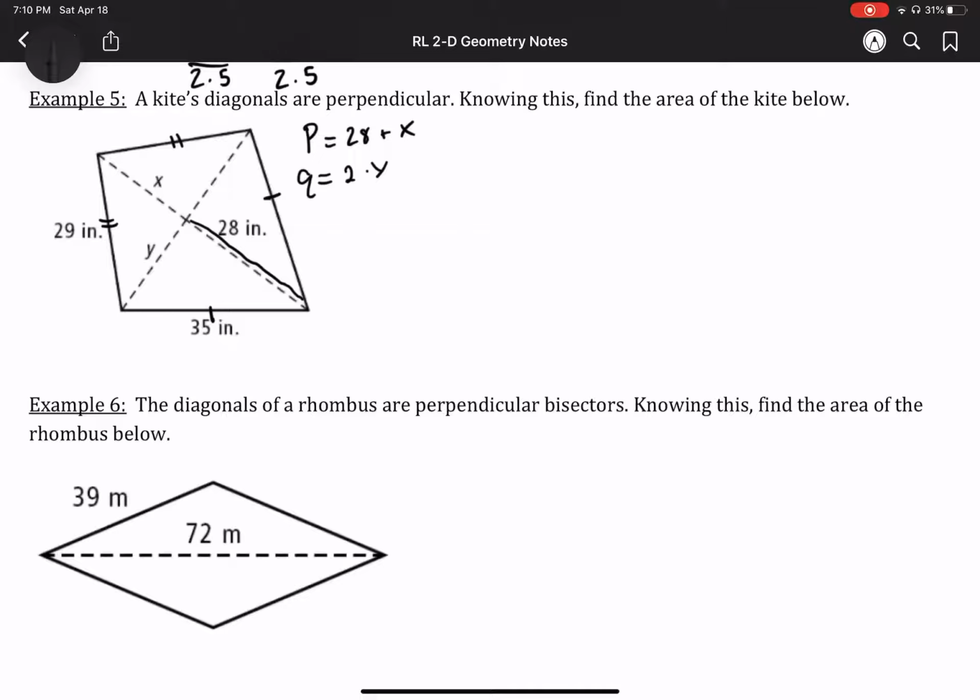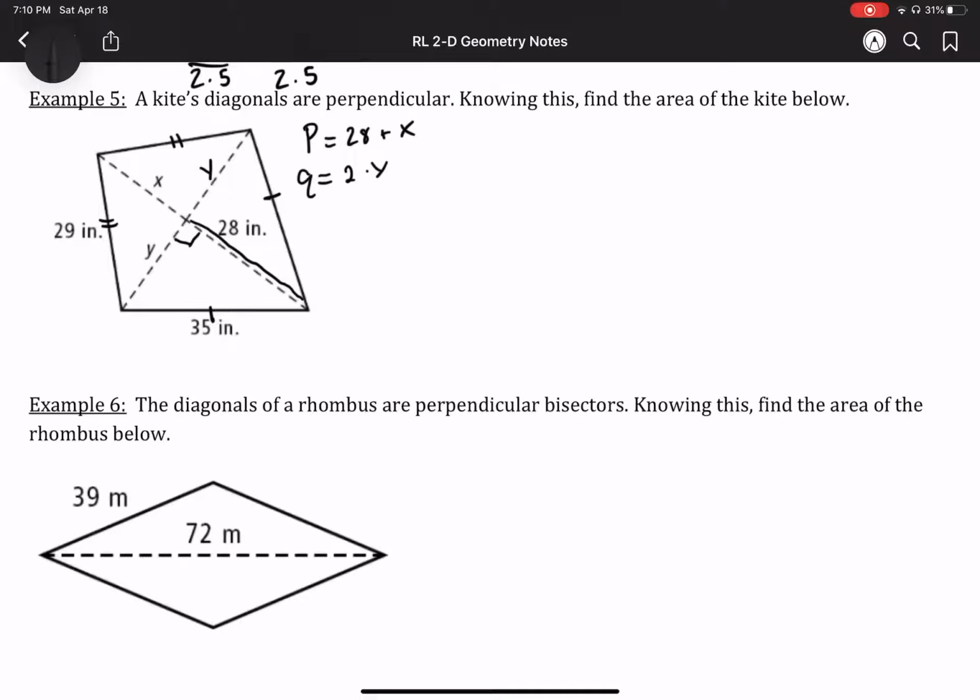Two of them. I have two of those. And this is a 90-degree angle because they're perpendicular. So because I have two right triangles that have 35 inches, and then the shared 28-inch side, I know that both parts of my diagonal Q have to be equal to Y.